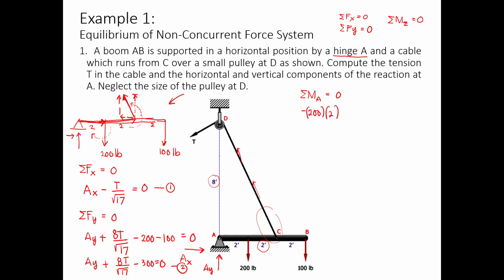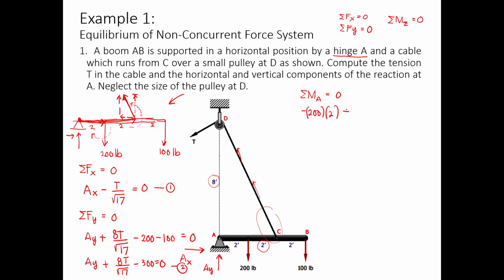For the horizontal components, it's in line with your point A, and again, the distance should be perpendicular to the force. If you look at the horizontal component of the tension cable, it is collinear with your line of action, right? It's collinear with the distance, so we cannot include the horizontal component of your tension cable. So only the vertical component.